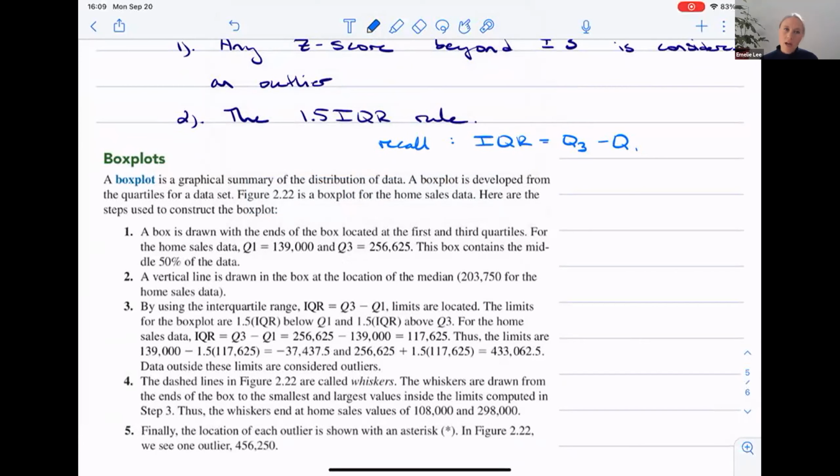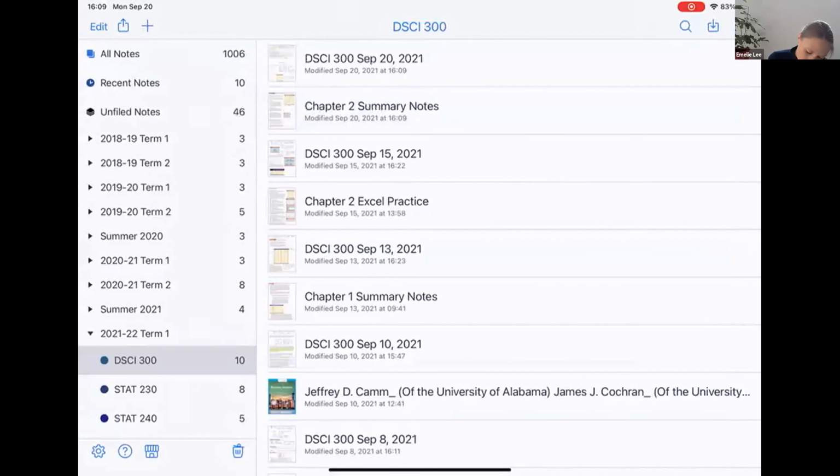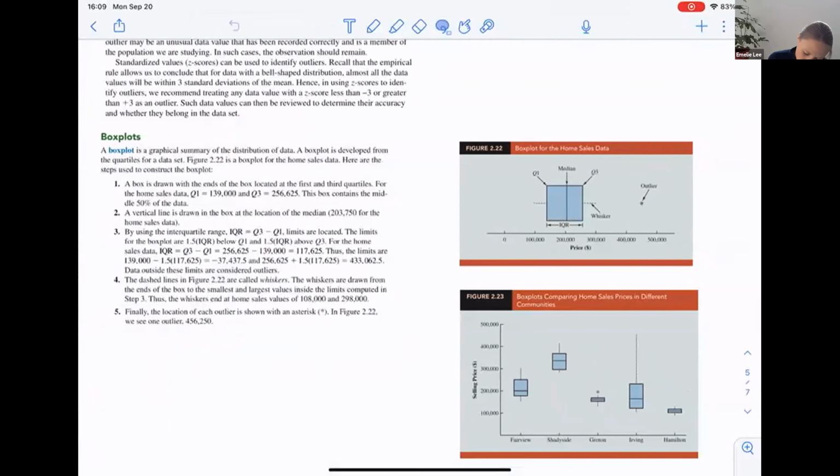So if you have the quartiles, then you can find the interquartile range. You can multiply it by 1.5. And then what it says is that if you move down from Q1, and I always find it useful to show you the box plot as we go through here.